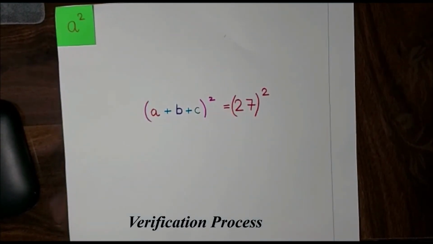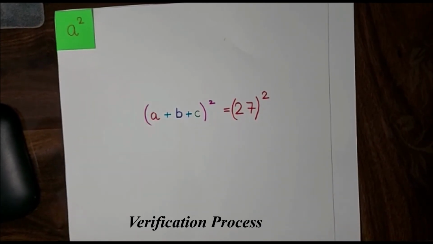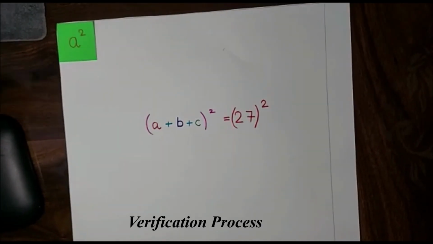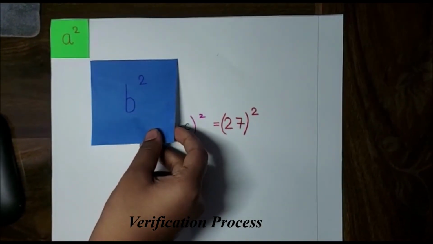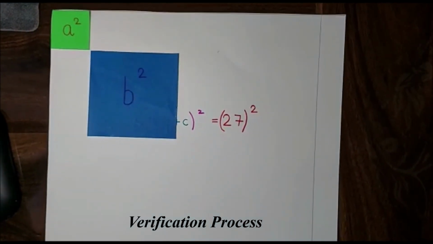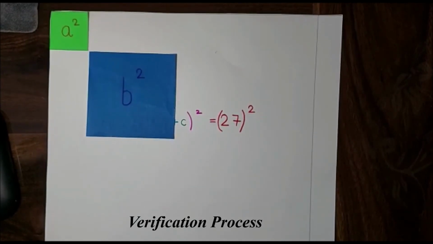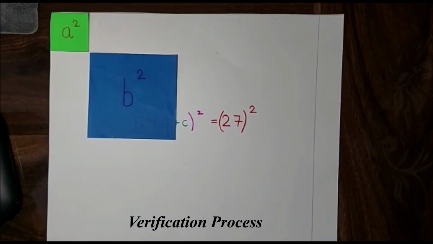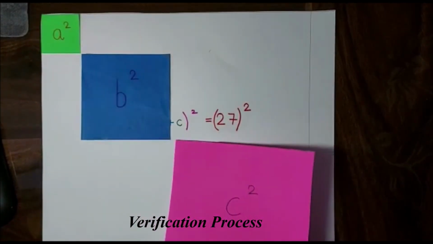Now we are taking the second cutout, that is representing b square, on the cutout. And now we are taking the cutout which is representing c square and placing it as follows.